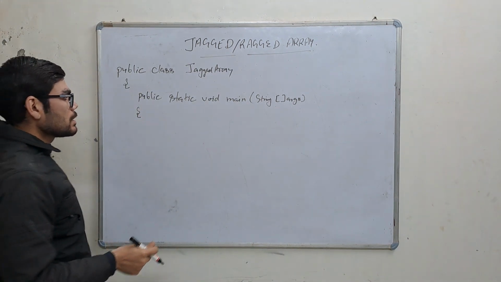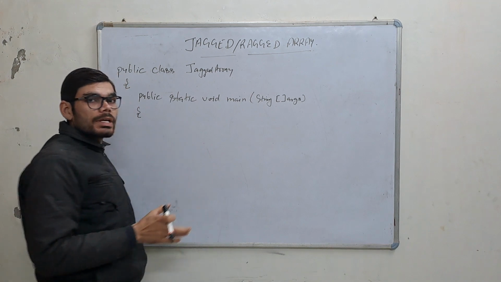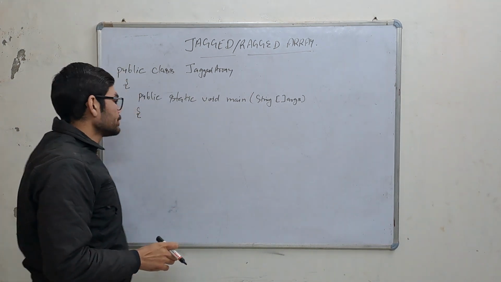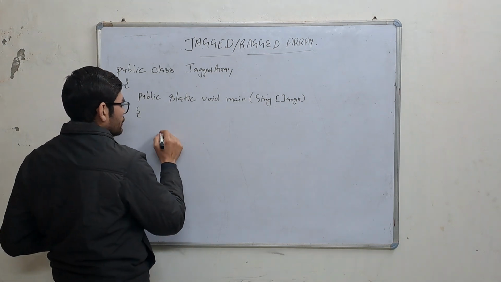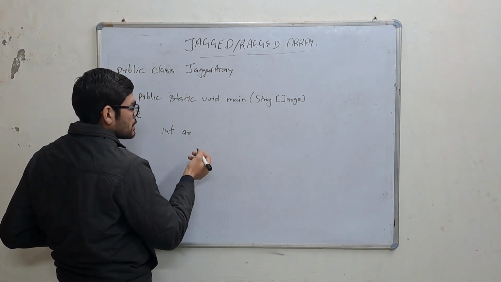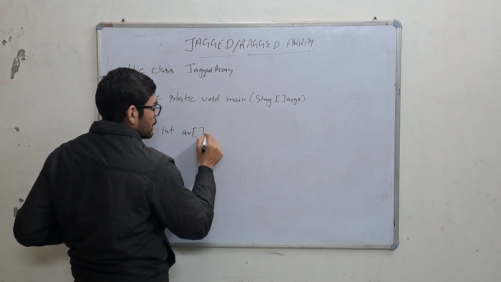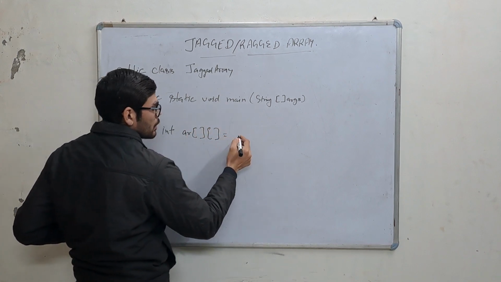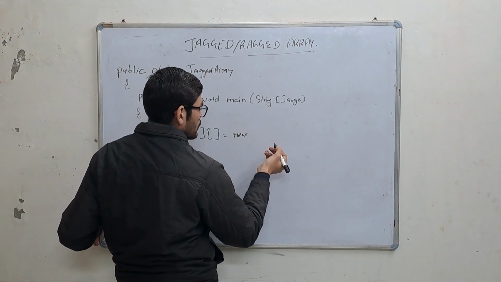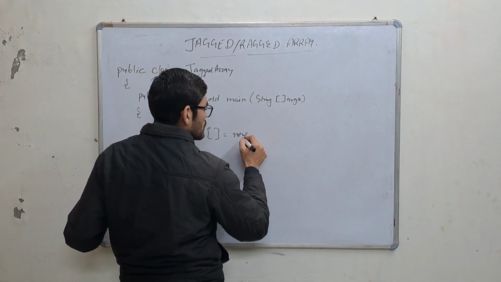As we already discussed, a jagged array has 2D arrays, so we have to initialize the structure of the array. Let the name of the array be AR and it is a 2D array. We all know how to create an object of it.